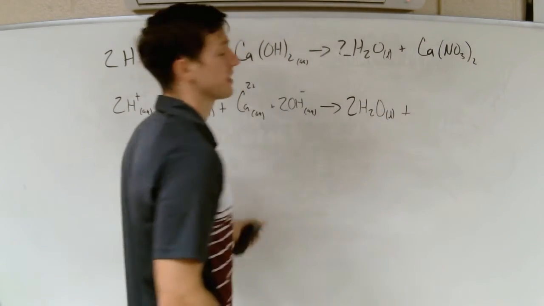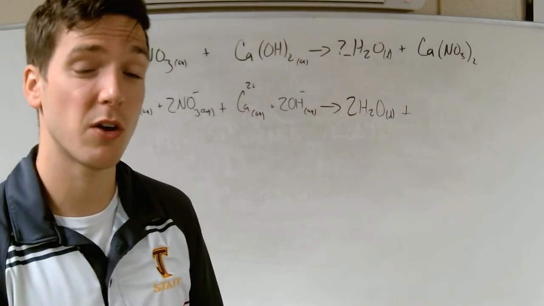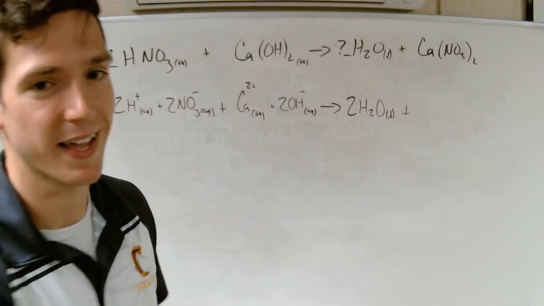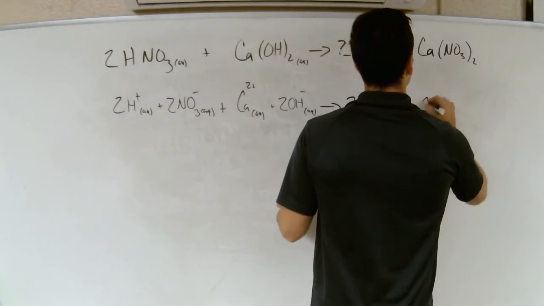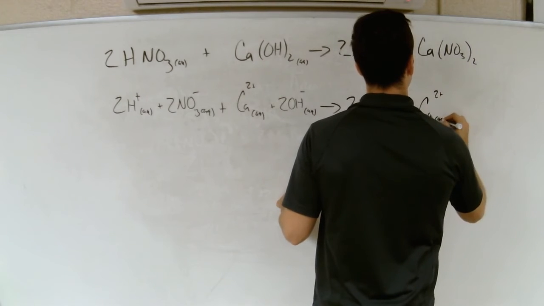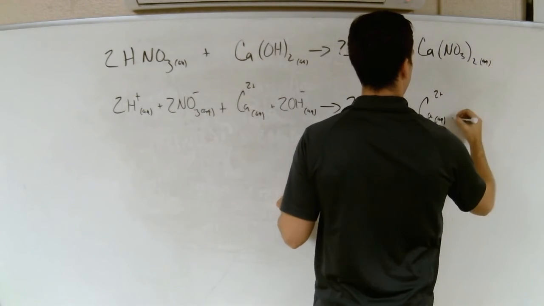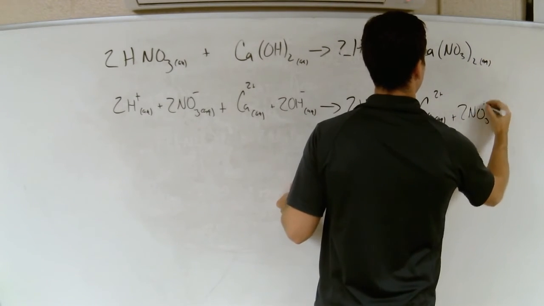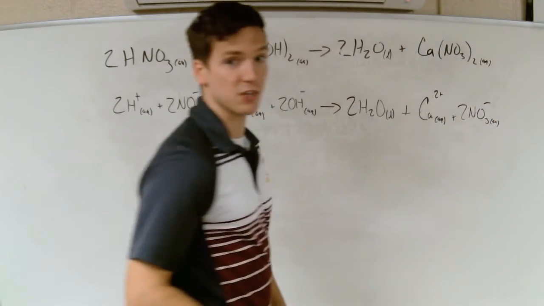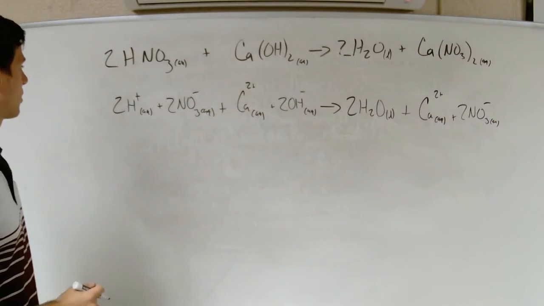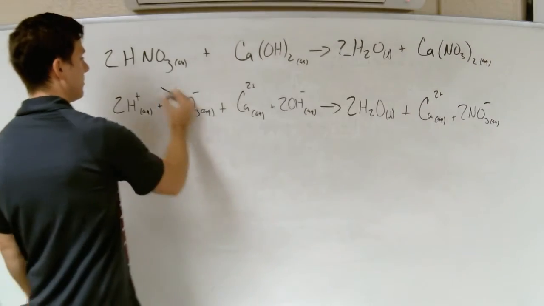Keep it together. Then calcium nitrate, strong acid, strong base? No. Does it have NaCNO in it? Yep, it's got NO3. So it'll be Ca2 plus AQ and 2NO3 minus AQ. Right? Cross out things that are the same on both sides.